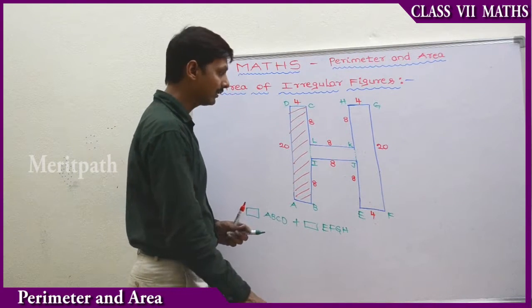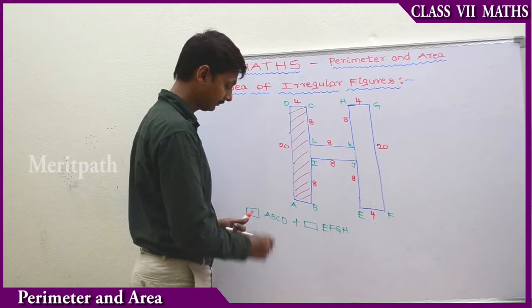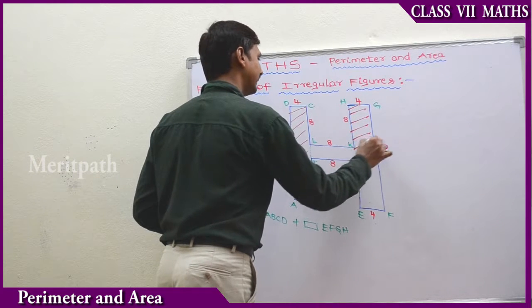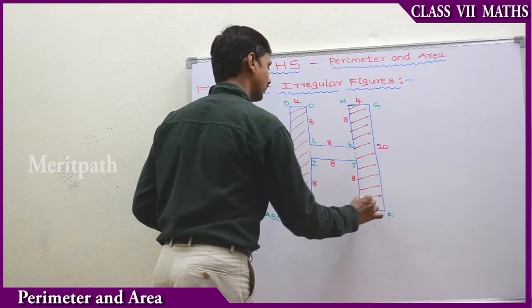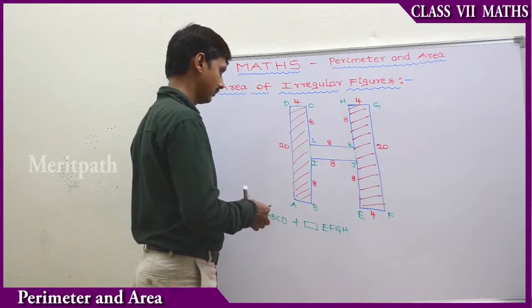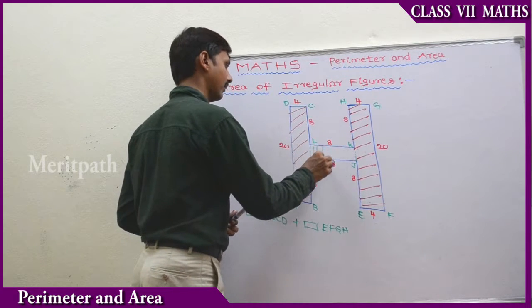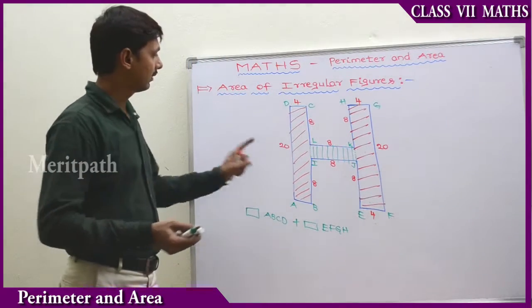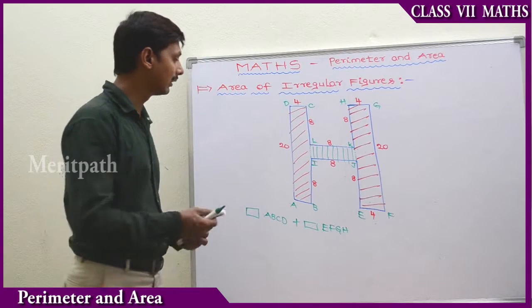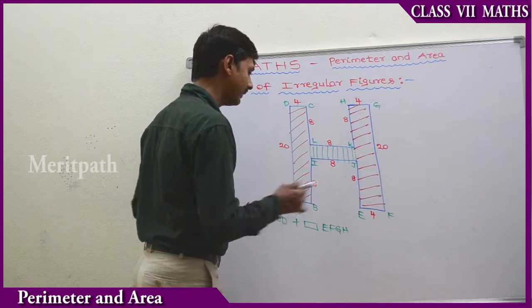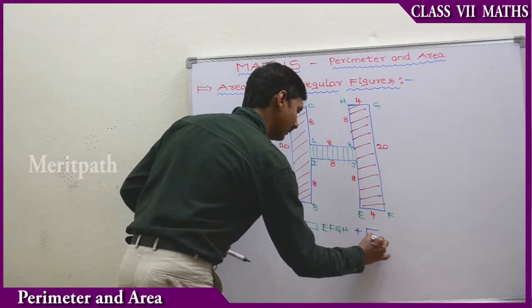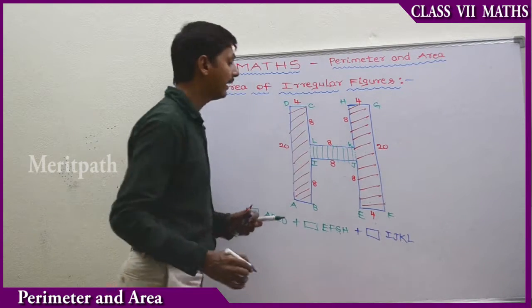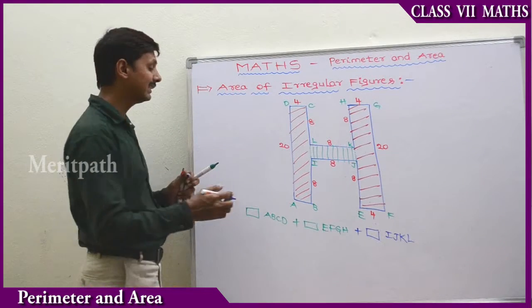This is one of the rectangles, this is the second rectangle, and this is the third one. So the total area of the figure is covered: first rectangle, second rectangle, and third rectangle IJKL.